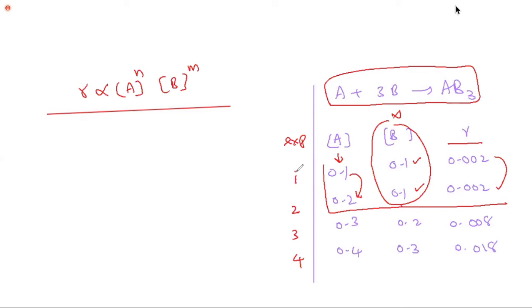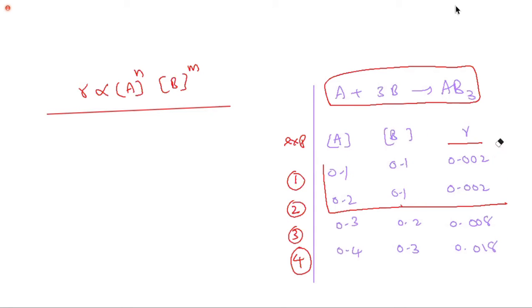These are the information they have given based on experiments 1, 2, 3. Now, if I consider B in experiment 1 and experiment 2, the concentrations are given as 0.1 and 0.1, correct? Yes, sir. That means B is not going to affect the rate of reaction in experiment 1 and experiment 2. That is what we can get clarity from these equations.